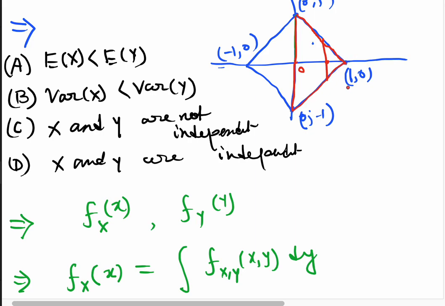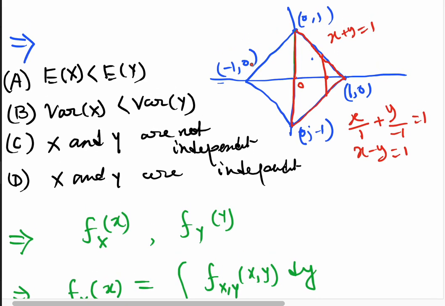This line will be x/1 + y/(-1) = 1, which means x - y = 1. Here it is simply x + y = 1.